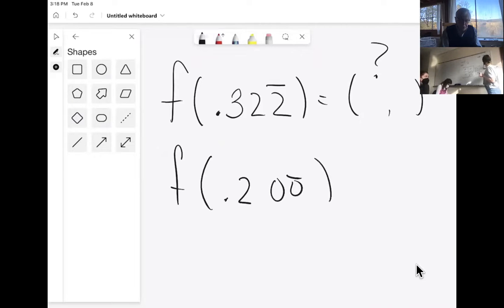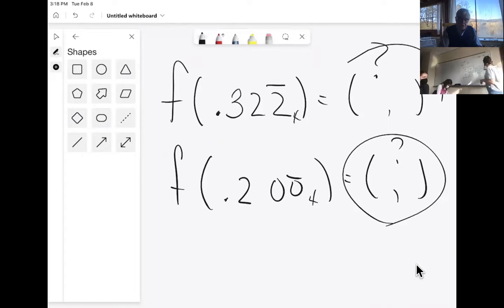What is this? And the decimals on the left that I'm using are all base 4 decimals. And these are just regular ordered pairs.